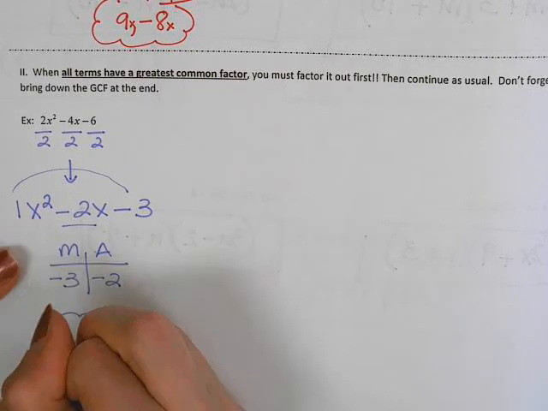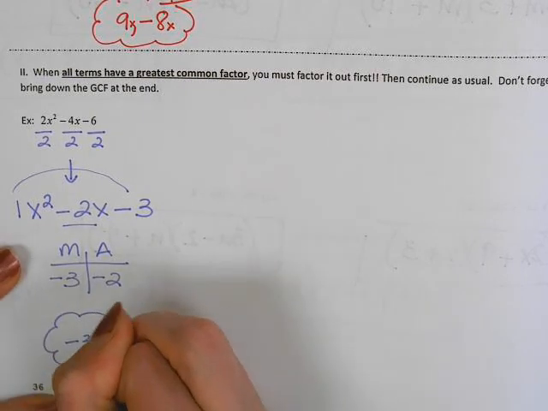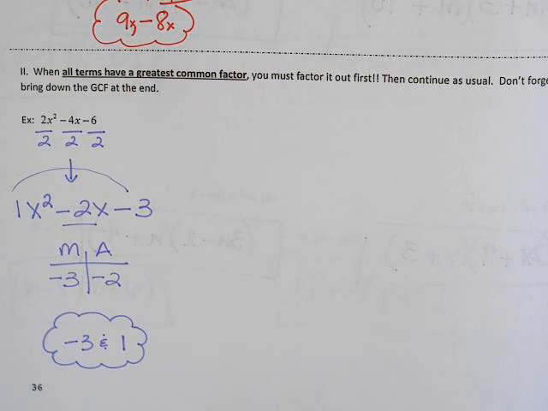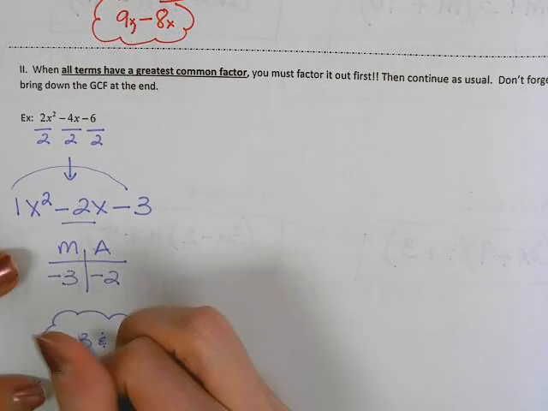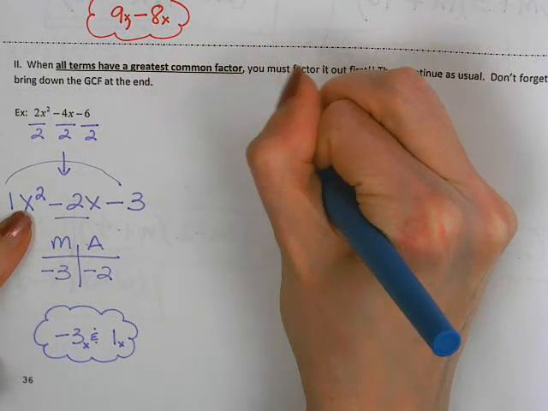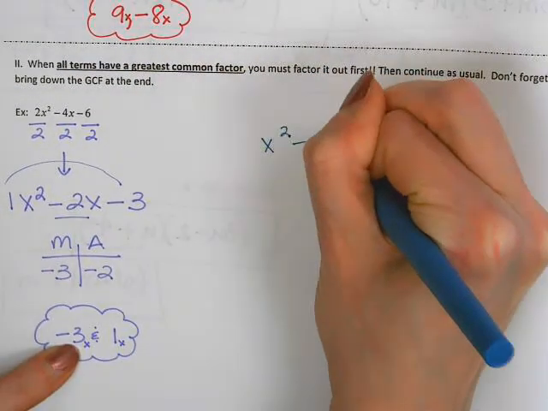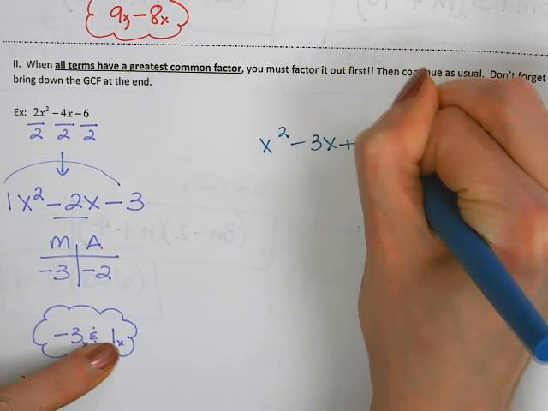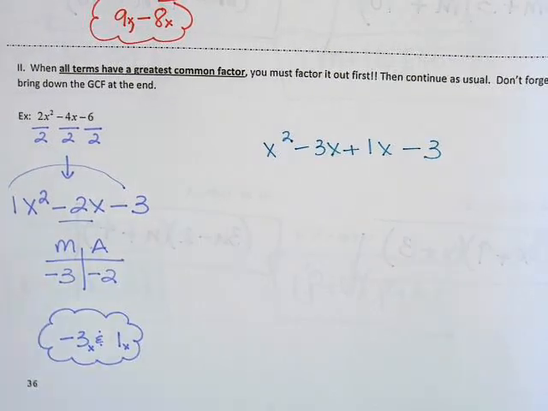It's got to be -3 and 1, right? Okay, they're going into the middle term, so you give them both an x, and we rewrite it. So now we're at 1x squared minus 3x plus 1x minus 3.